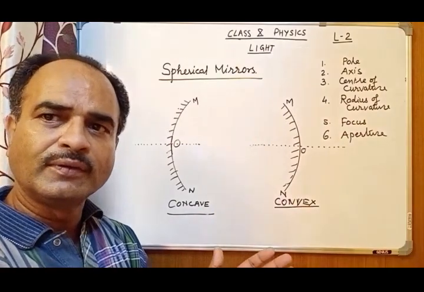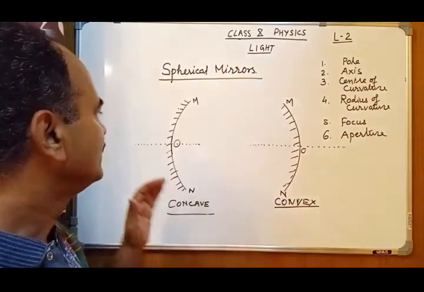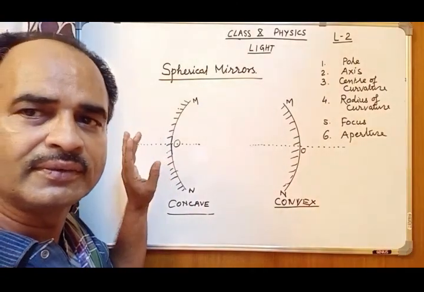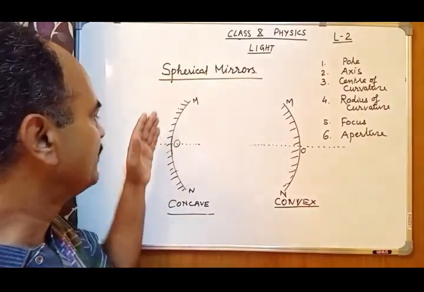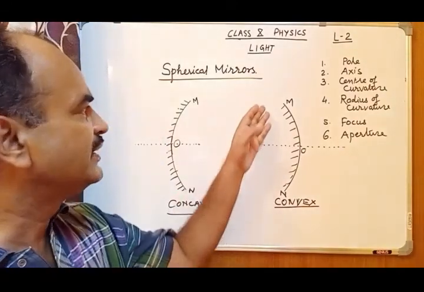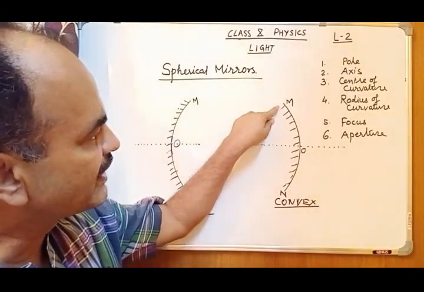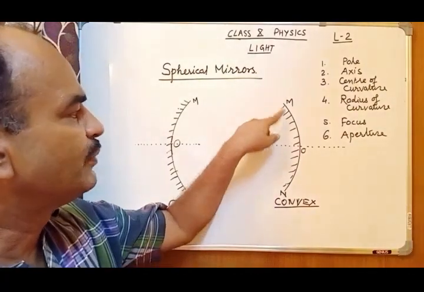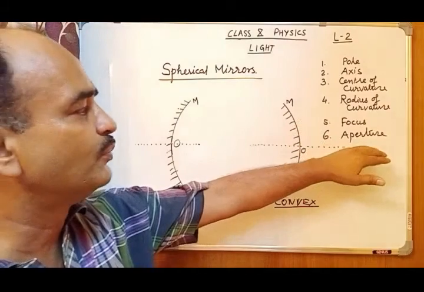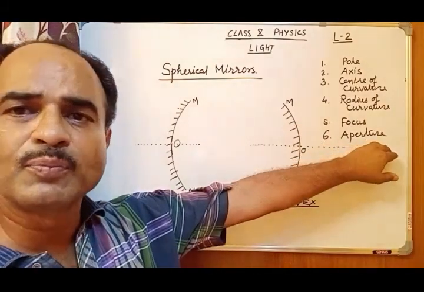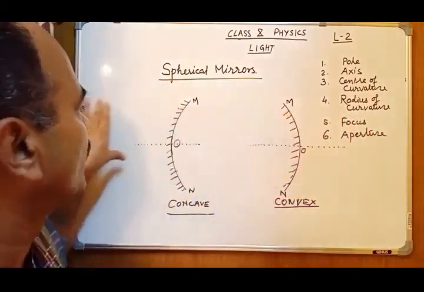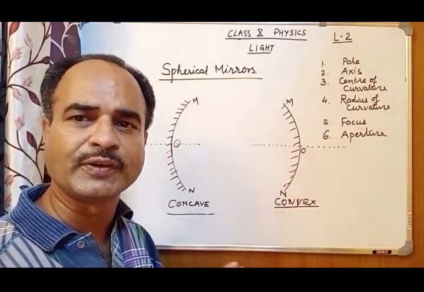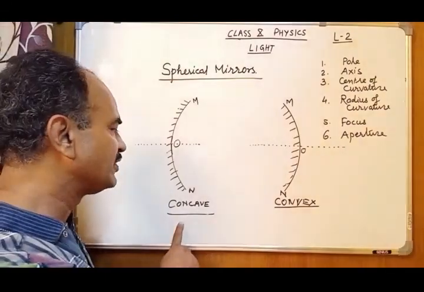spherical surface. And when one side of the surface is polished to reflect the light rays, it becomes a mirror. This side is polished with zinc oxide or something like that, and it becomes totally opaque, and the object is placed on the side from where the rays will fall. So this is the spherical mirror. Now what is the difference between concave and convex?